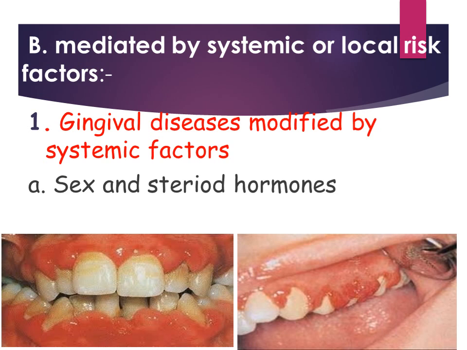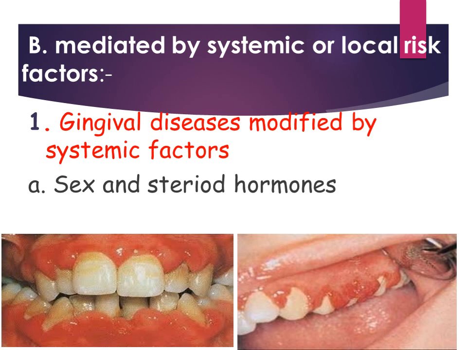The systemic factors include sex steroid hormones, and the sex steroid hormones include puberty, the menstrual cycle, pregnancy, or oral contraceptives.